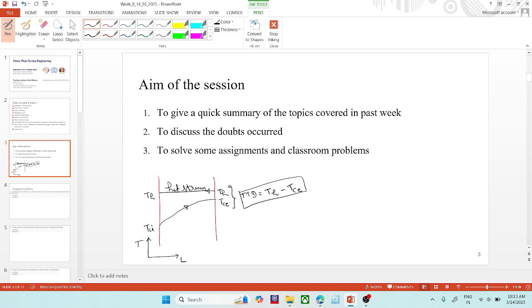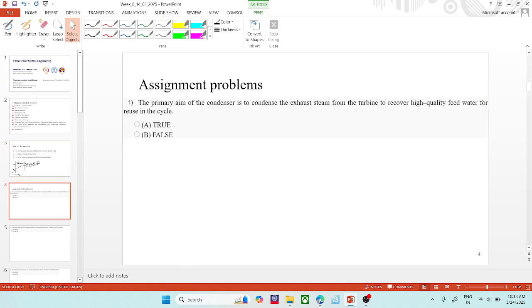Now let me move to the problems to solve. So here is the first assignment problem.